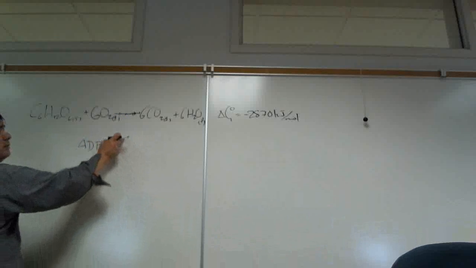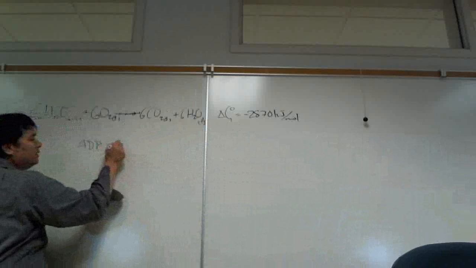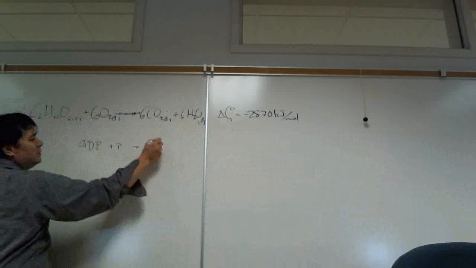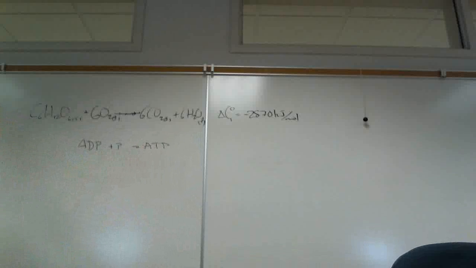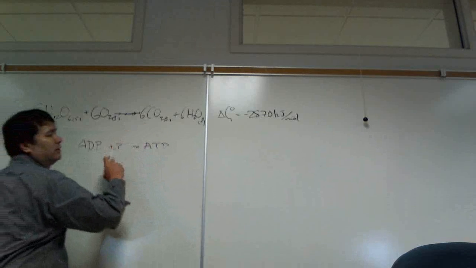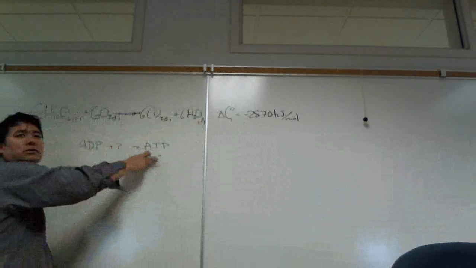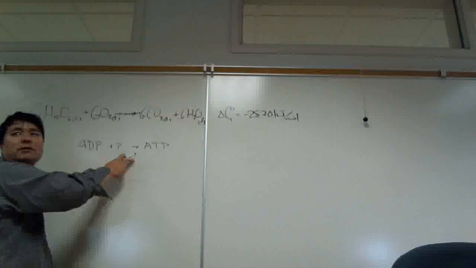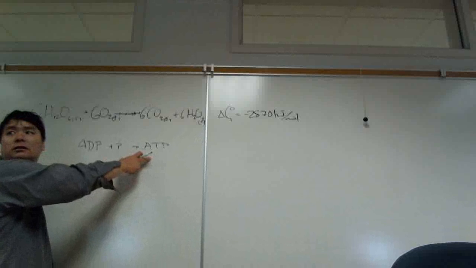But eventually, what we want to do is use some of this energy to convert ADP into ATP, 3 phosphates rather than 2 phosphates, right? Diphosphate versus triphosphate. And so this is going to require some energy. So all they're saying is assume all this energy is used in work converting this to this, and how much ATP can you synthesize?